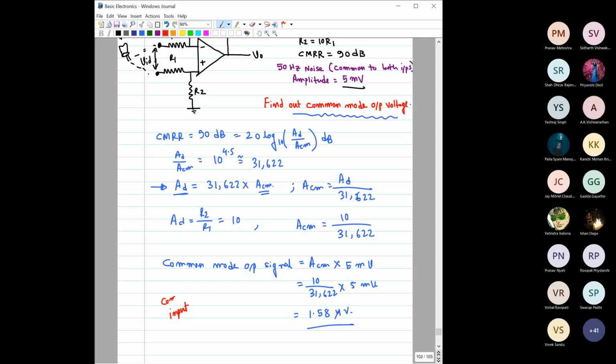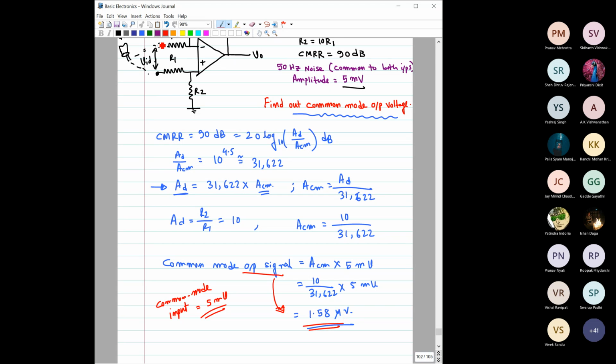So see one thing here. Let me write it. Common mode input, this magnitude was 5 millivolt, right? And see its output, the output signal has now become 1.58 microvolt, right?